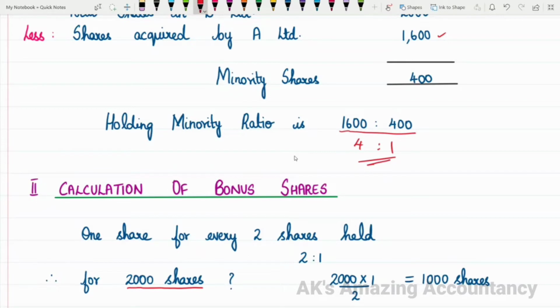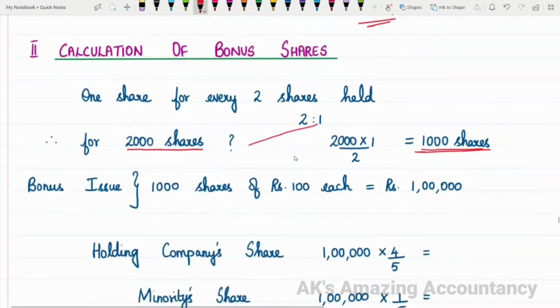Now you have to do cross multiplication here. 2000 into 1 divided by 2 will give you 1000 shares. These are 1000 bonus shares. So what will be the bonus issue now? 1000 shares of rupees 100 each will give 1 lakh rupees. This will be the bonus issue.